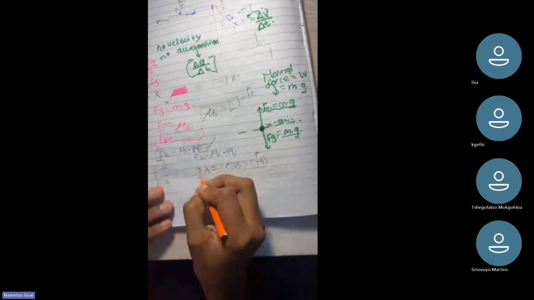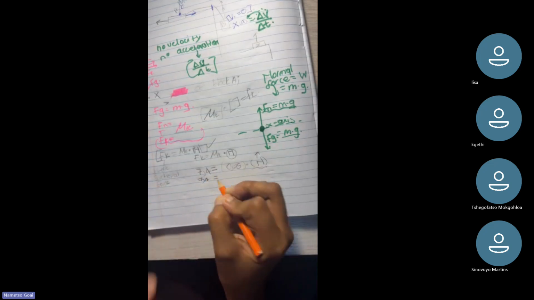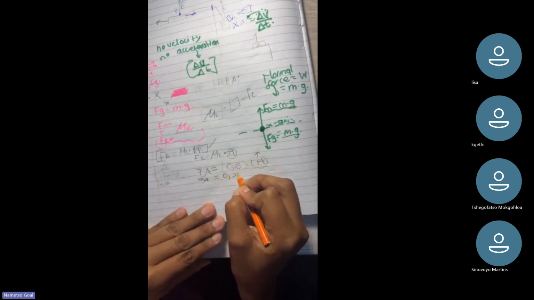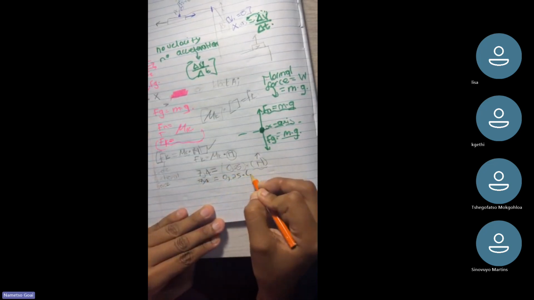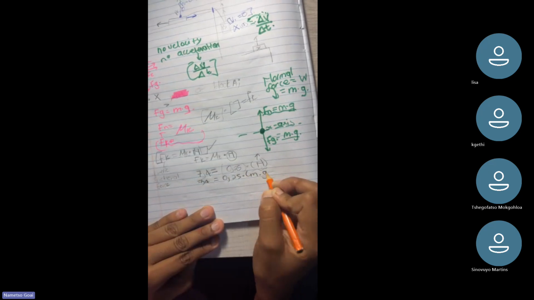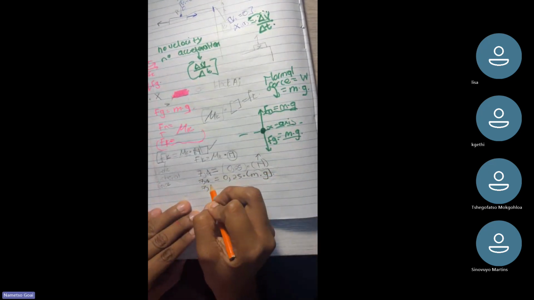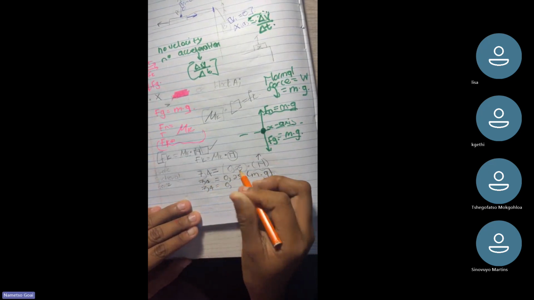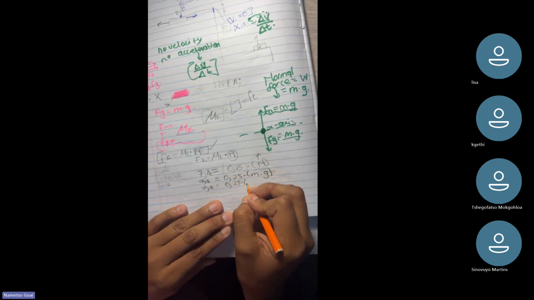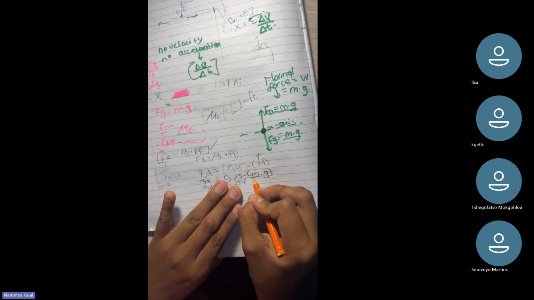Okay, so remember, we have our normal force over here. We can break down this normal force, right? So we have 7,4 equals 0,25 multiplied by the mass times the gravity. The mass is what we're trying to calculate.